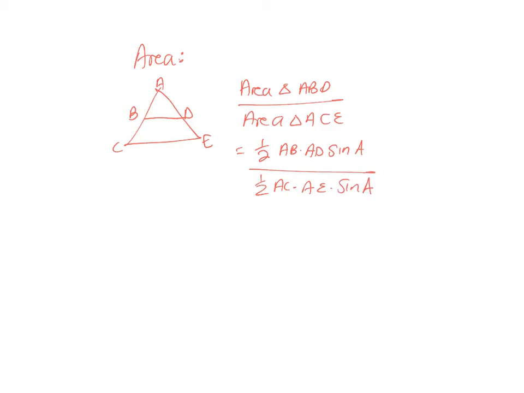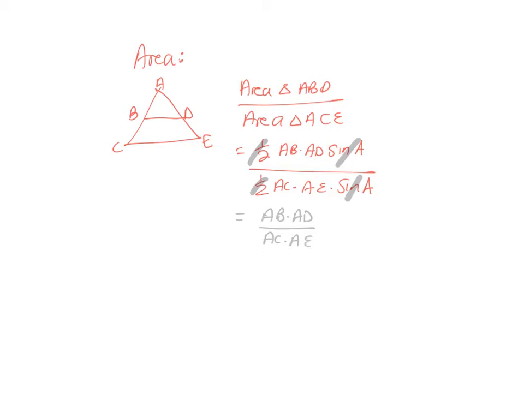The sine A's will cancel. The halves will cancel. And we have, therefore, whatever the values are, AB times AD over AC times AE.